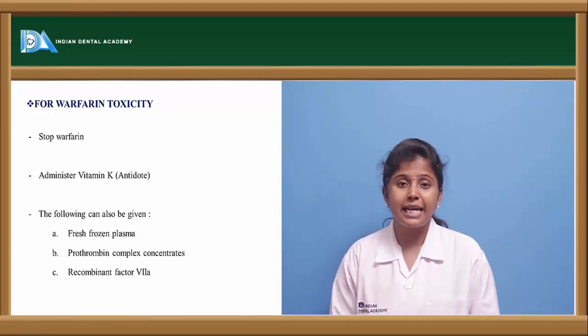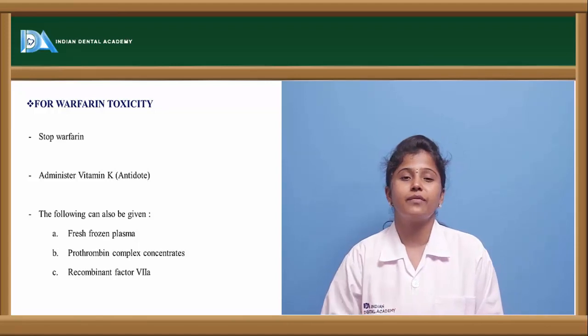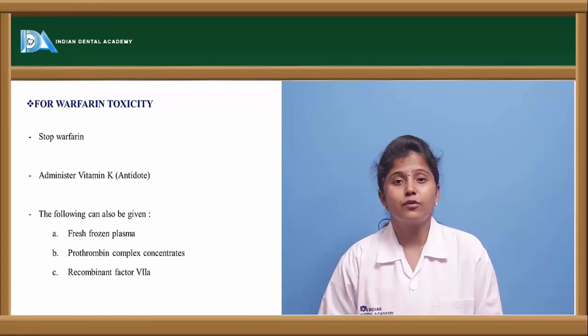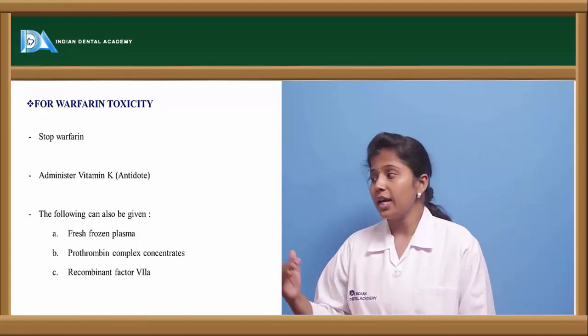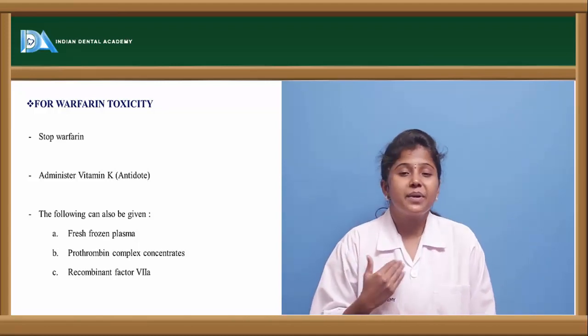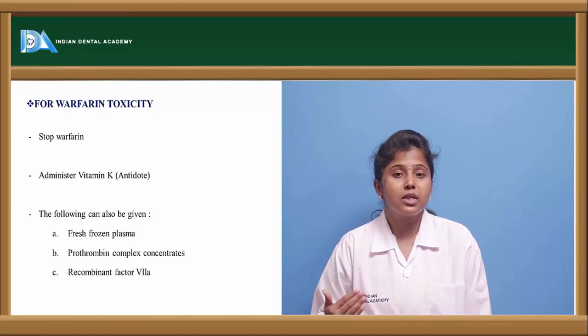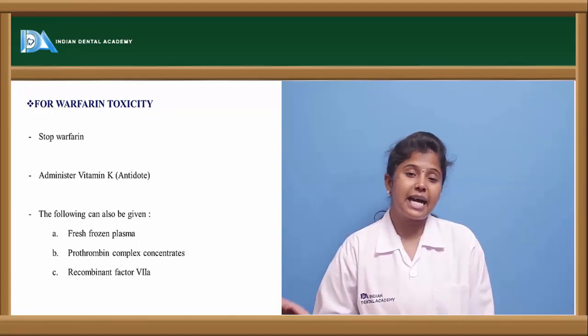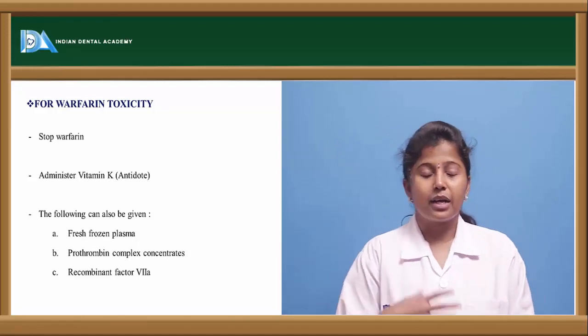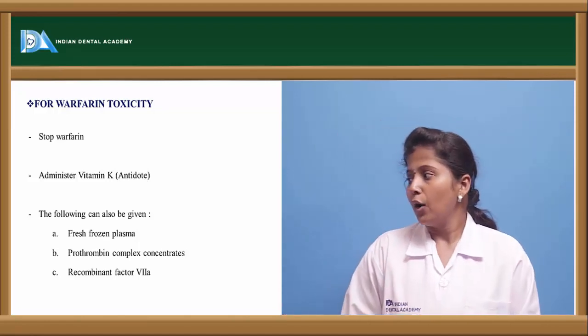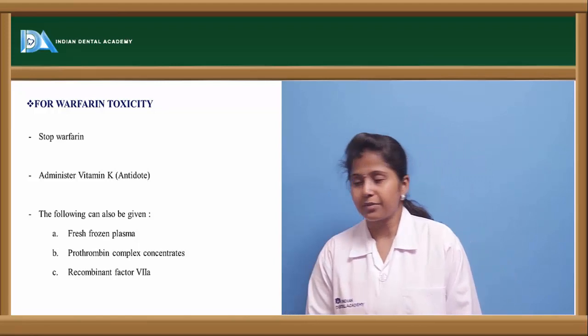In this situation, what do we have to do? The first thing is that we have to stop taking warfarin. Warfarin should not be given, and instead of that, we have to give vitamin K. We have to administer vitamin K, because vitamin K is an antidote for warfarin poisoning. And the following has to be taken care of. Fresh frozen plasma should be given.